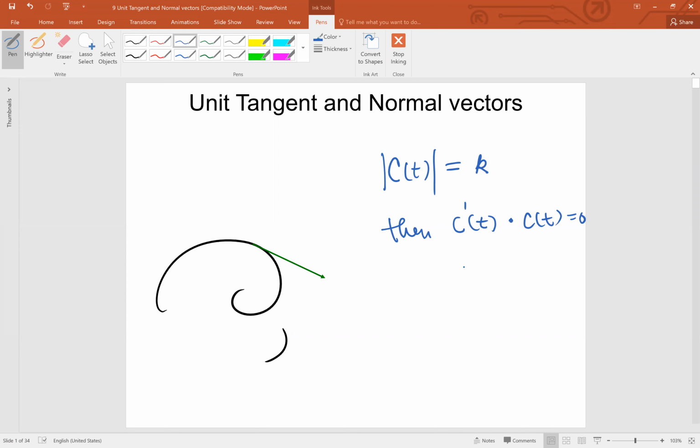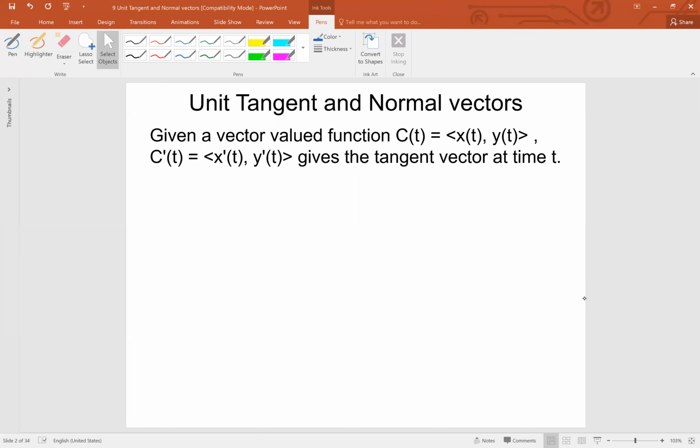In other words, the tangent vectors and the vector-valued functions are perpendicular. So tangent perpendicular to the curve, if you like. So we're going to use that.